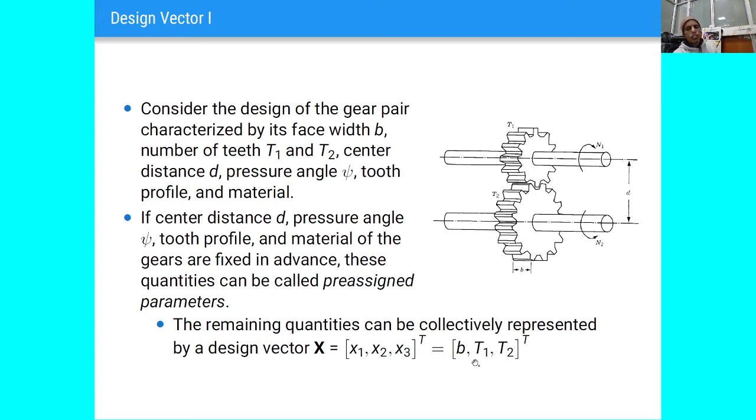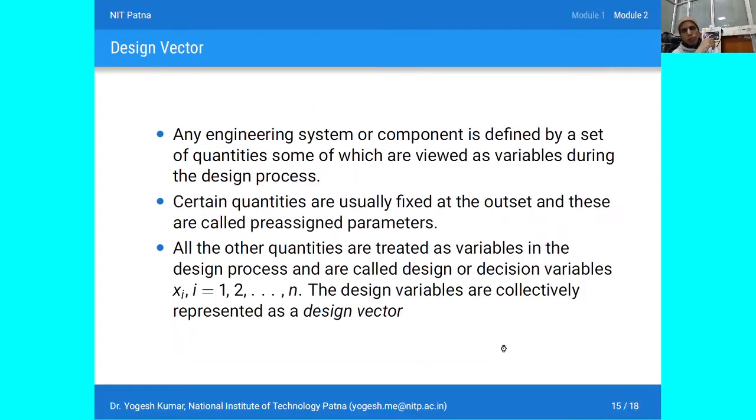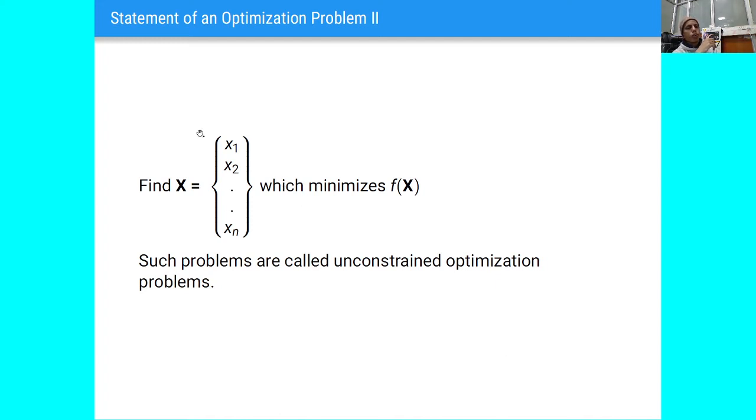These may be represented as a design vector. I have written it as the transpose of the matrix B, T1, T2, because normally we represent the objective function variables like this: x equal to x1, x2, xn.